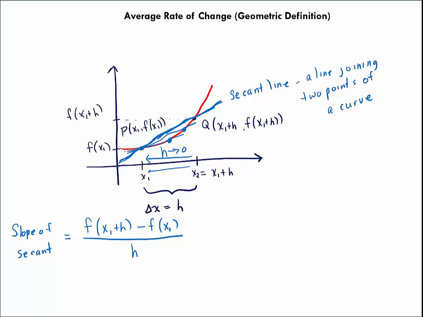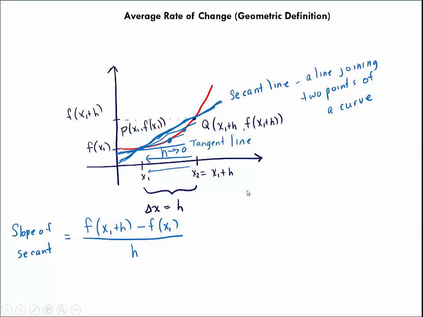I'm going to get to a point where I'm only touching P, that point of my function, in that one place. And that's what we're going to call our tangent line.